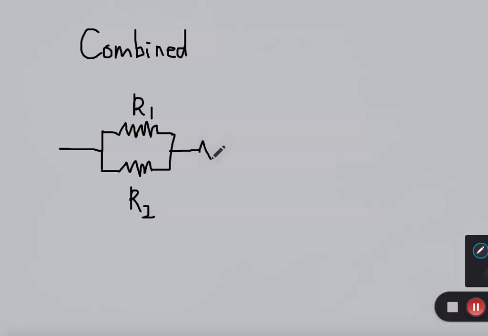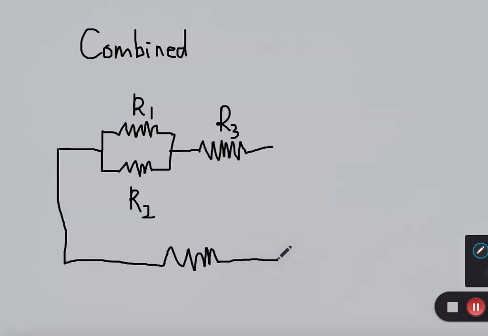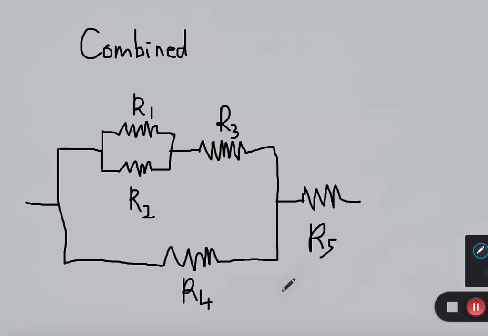Then we have here another resistor, let's call this R3. Now all of this is attached to another one. Let's call this R4. You have an R5 here. So that's an example of a combined circuit.